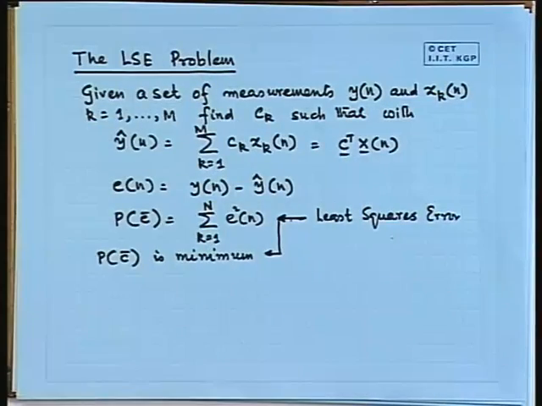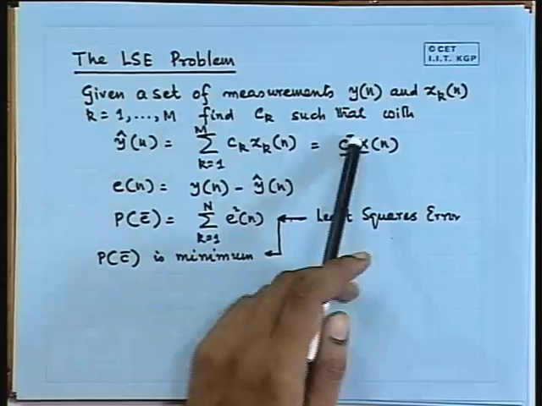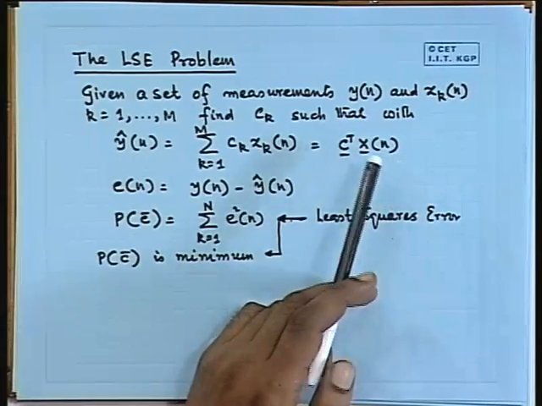First of all, let us see what is the LSE problem. In the LSE problem, what do we do? The LSE problem says that given a set of measurements, it is just like the MMSE problem.